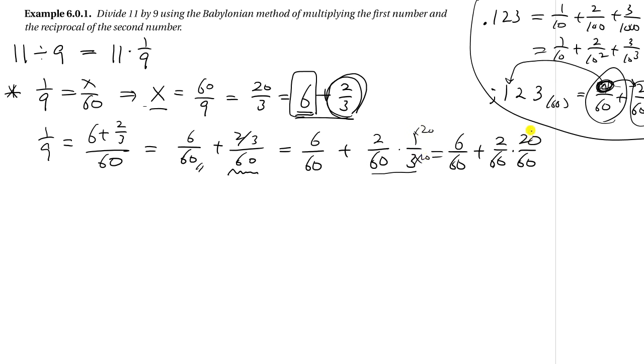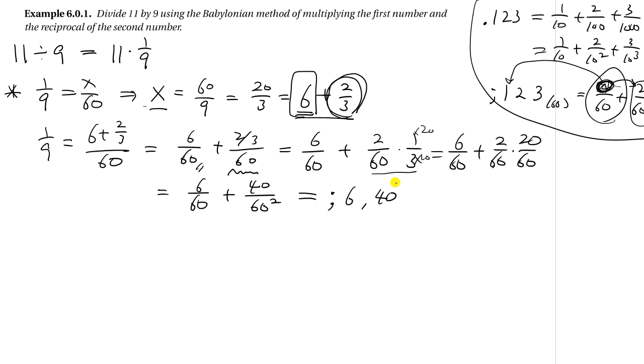So altogether, that is 6 over 60 plus 40 over 60 squared. Then we can show this in the Babylonian style: semicolon, because there's no integer, 6 in the first place, and 40 in the second place. Of course, they would use their own symbols for 6 and 40, but let's use our own symbols here.